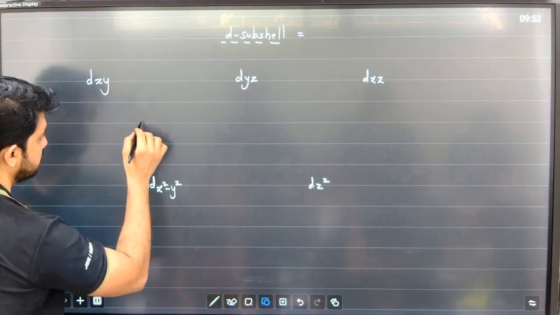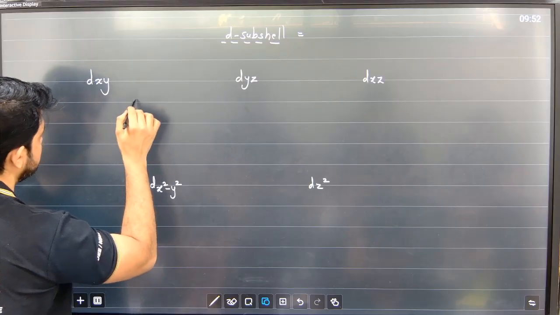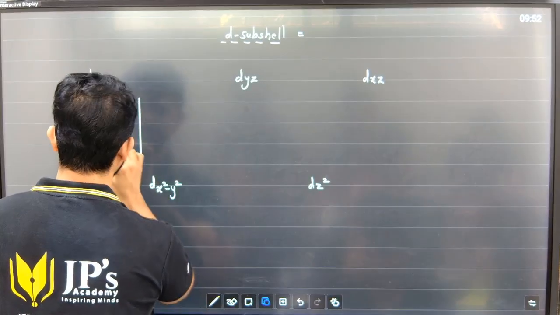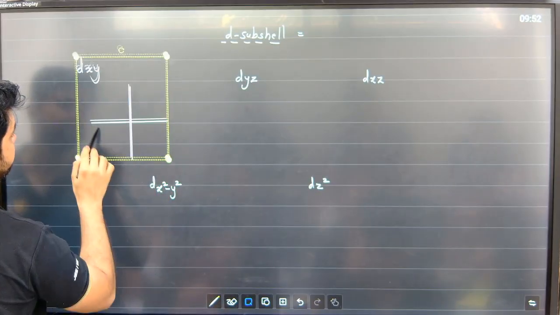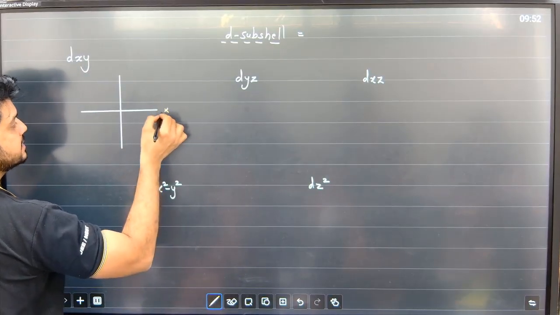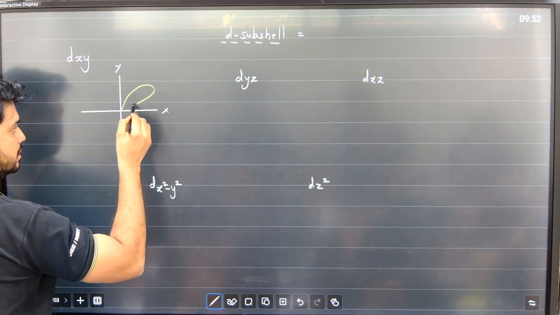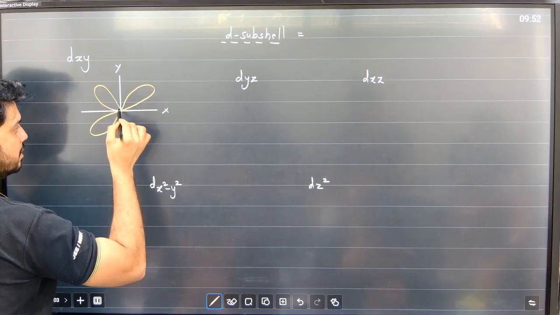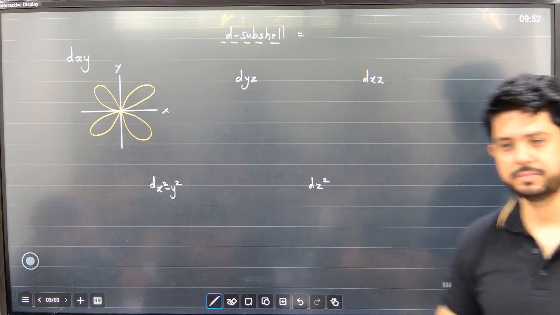Shape. This is x-axis, this is y-axis. The shape here is something like this.